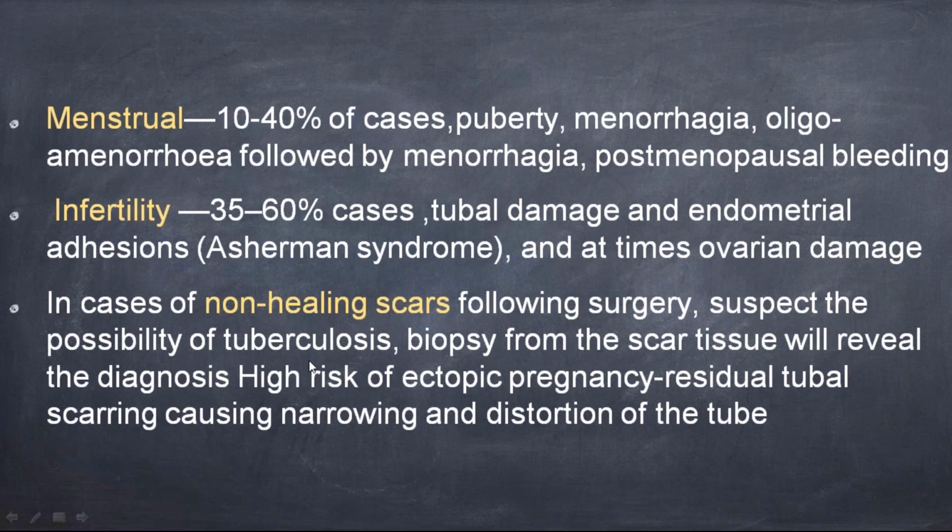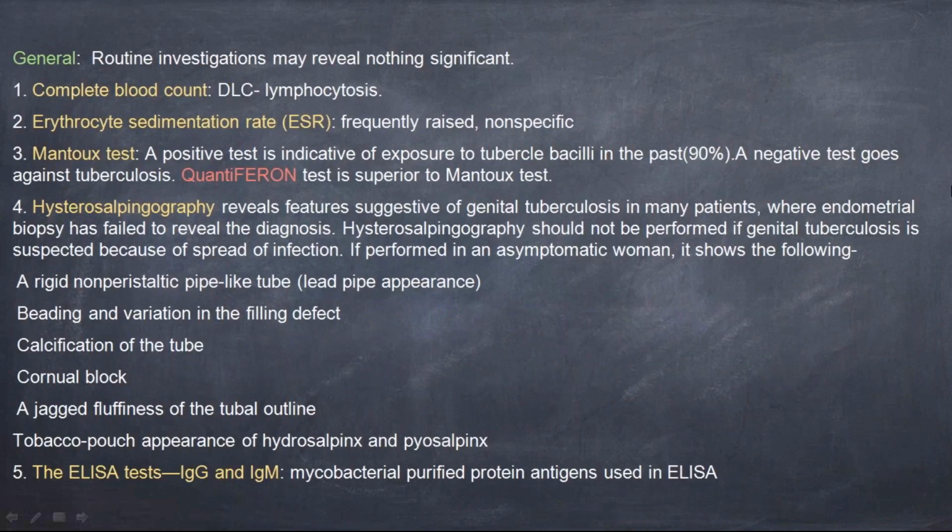So what are all the routine investigations? General investigations are complete blood picture, where you will see lymphocytosis, ESR, which is raised and non-specific, Mantoux test, which if positive is indicative of exposure to the tubercular bacilli in the past, and QuantiFERON is the test which is superior to Mantoux, and HSG. What do you see in HSG?